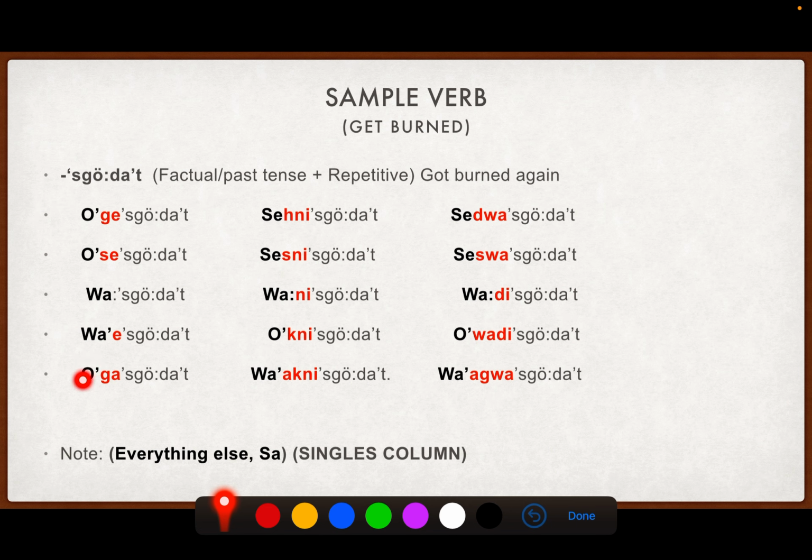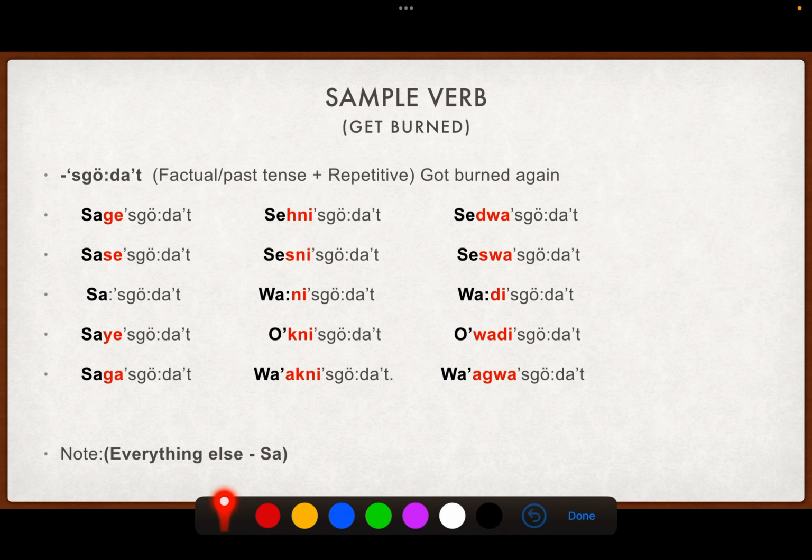So in the single column, let's watch the single column here for the change. Sa gate skondat, sa sate skondat, sa skondat, sa yate skondat, and then sa gat skondat. Maybe that glottal should be there. Yeah, it is correct. All right. So that's what's going to happen here.